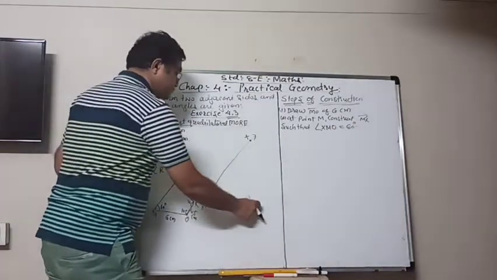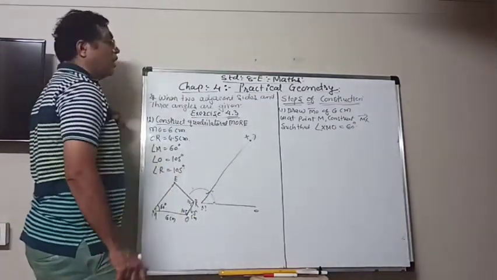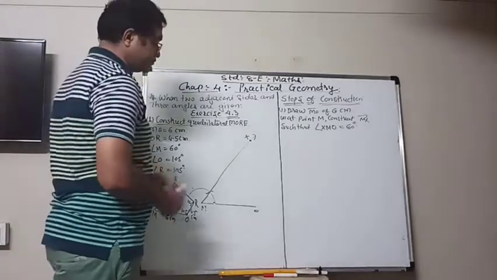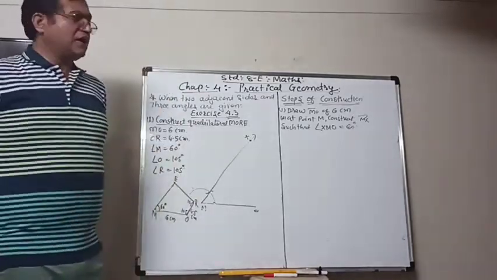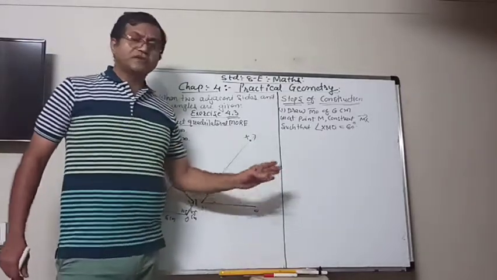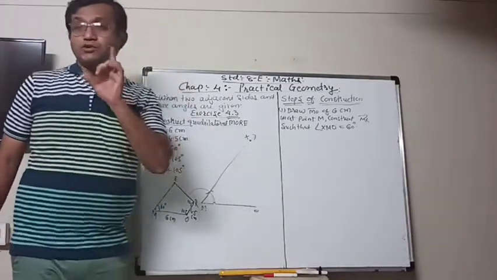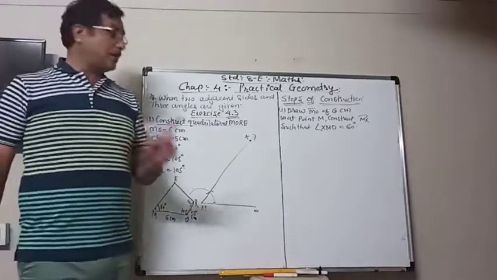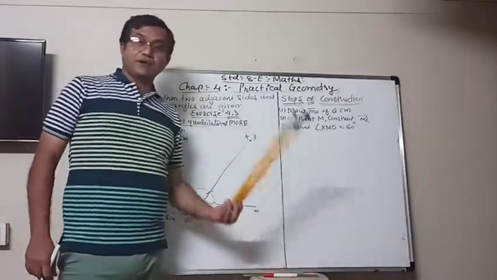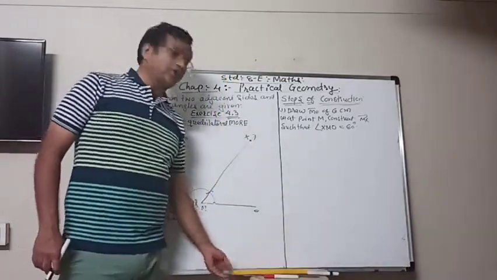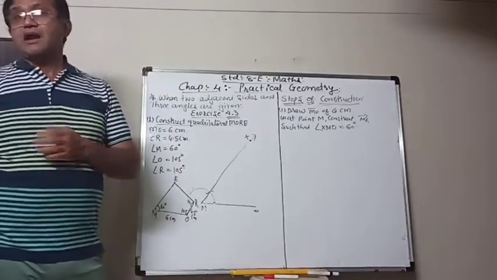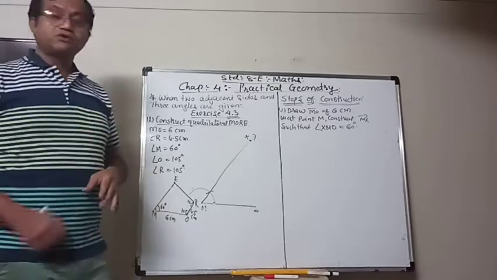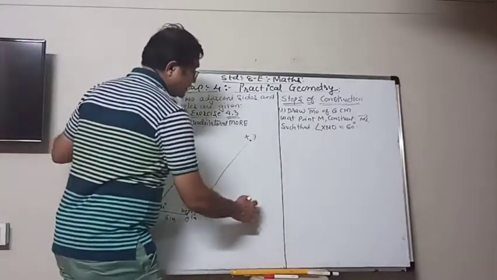Now here we have to draw 105 degrees, but it will be very difficult for you to use only the rounder. So for your convenience I am allowing you to use the protractor, and you can use the protractor to draw the 105 degrees.